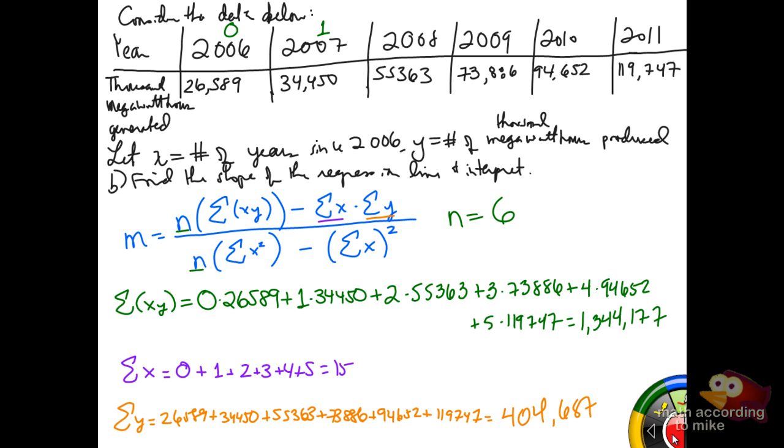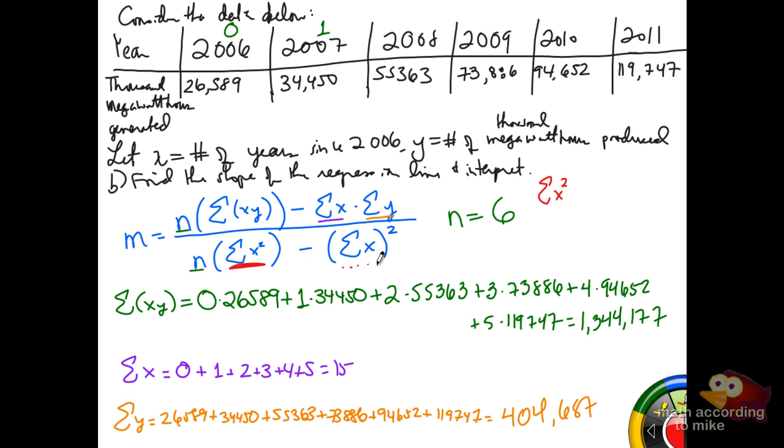The n we already found for the denominator. Sigma of x squared I'm going to write over here, because surprisingly, I'm running out of room. What this one means is that you square the x's and then add them together. Please make the difference between that and this one. We'll talk about that one in a second.